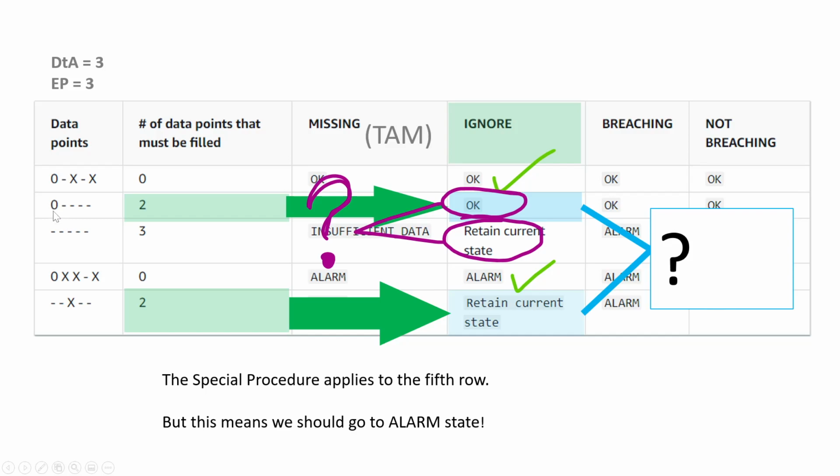It's this one, which is non-breaching with the 0 there. So we haven't got enough for our evaluation period. And they've put OK, right? Now maybe that's the way it is. Maybe when you choose ignore, the rule is when you don't have enough for the evaluation period, we go to OK. Maybe that's the rule.